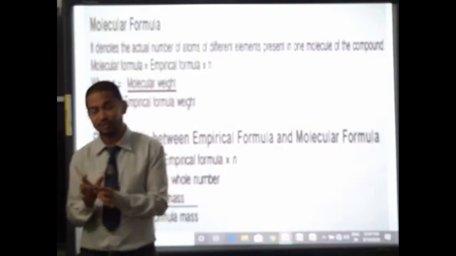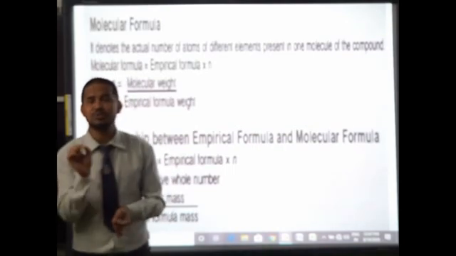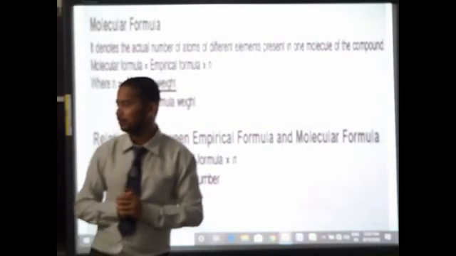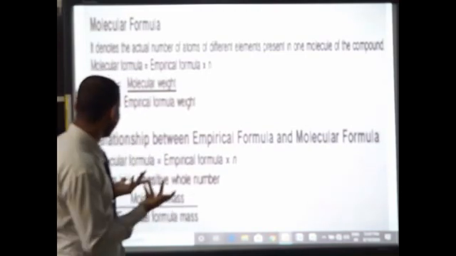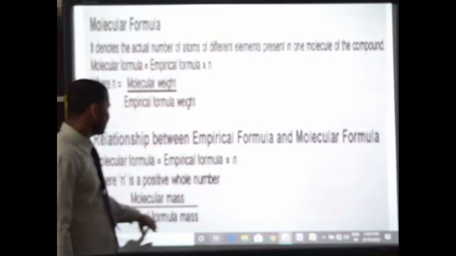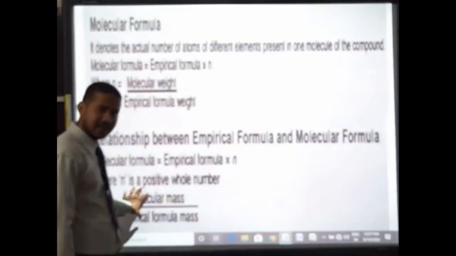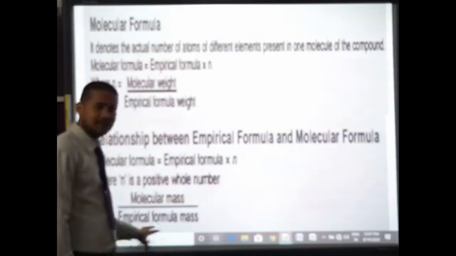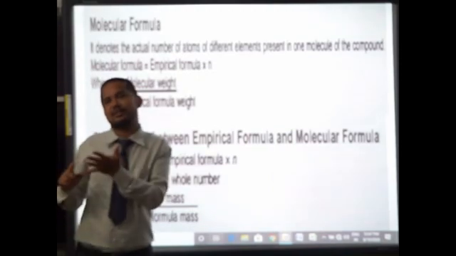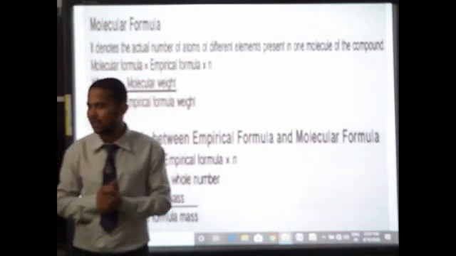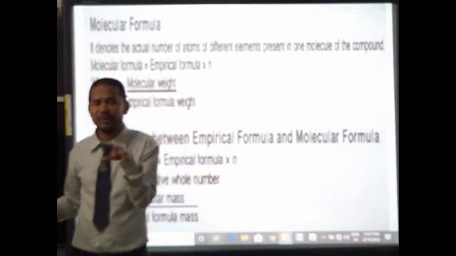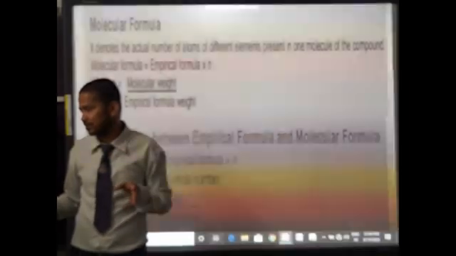Molecular formula is equal to empirical formula into n, and n is equal to molecular mass divided by empirical formula mass. When you get this n, multiply it with the empirical formula, and you will get the molecular formula. This practically we will do when we do numericals on these topics.